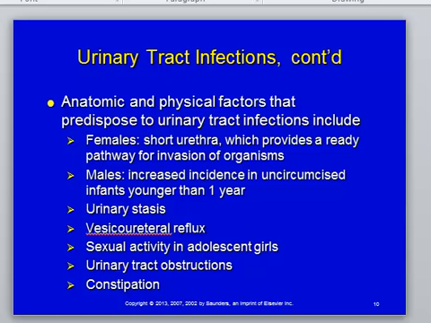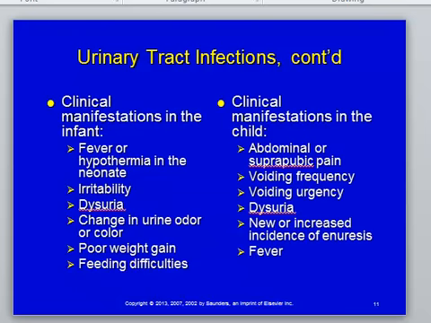There also could be urinary stasis or the vesicoureteral reflux, sexual activity in adolescent girls, any kind of urinary tract obstruction, and constipation in the child can also cause a UTI.